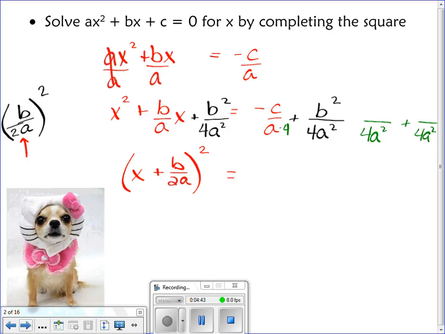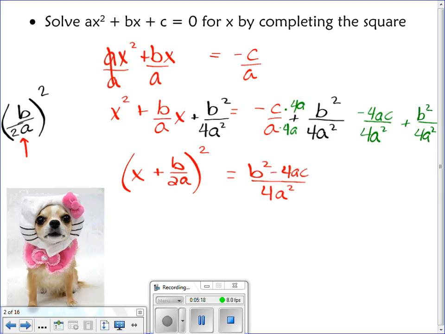Not just a square, but 4a. So I multiply the top by 4a, and we have negative 4ac. And this one, I don't have to change anything. If I put my fractions together with a common denominator of 4a squared, those are not terms, so I'm just going to rewrite that as b squared minus 4ac. Putting all that together.